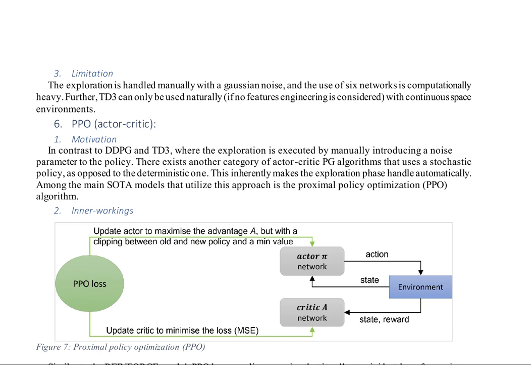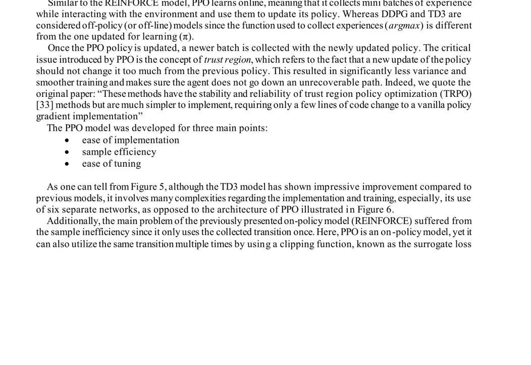In contrast, PPO algorithms leverage stochastic policies for automatic exploration, learning online by collecting mini batches of experience while interacting with the environment and updating their policy. As an on-policy model, PPO employs a trust region concept to ensure that new policy updates do not significantly deviate from the previous one, resulting in smoother training and reduced variance. This approach differs from off-policy models like DDPG and TD3.